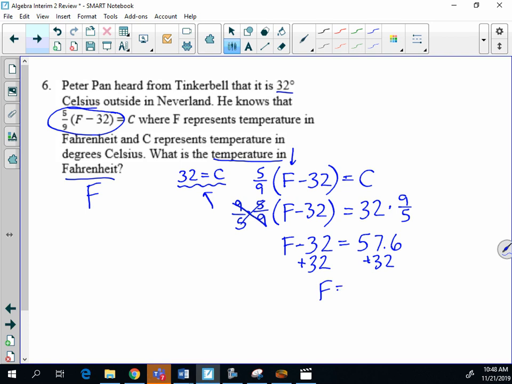And my Fahrenheit looks like it is 89.6. If I had to round that to the nearest whole number, remember, if it's 5 or above, we go up. And it is above 5, isn't it? So if I'm rounding it, I need to say it is 90 degrees Fahrenheit.